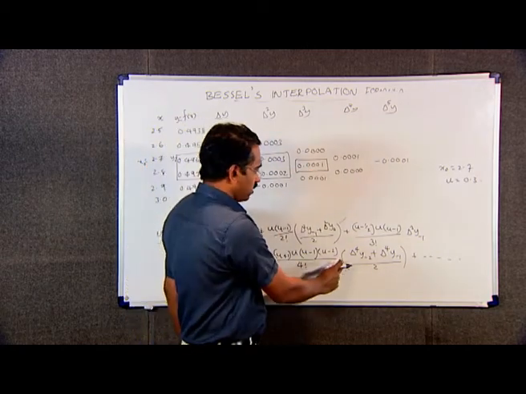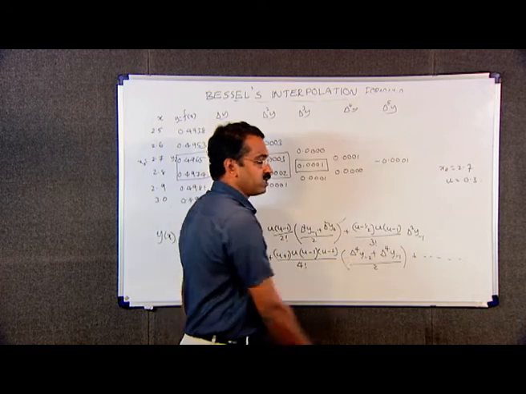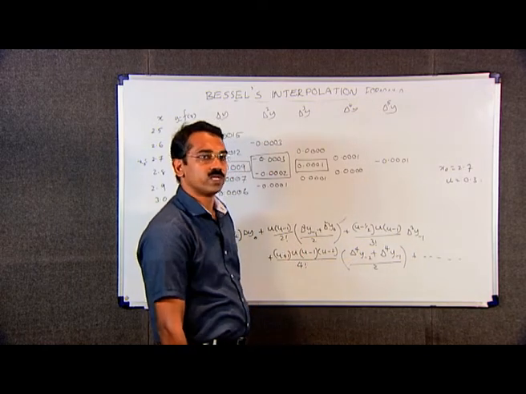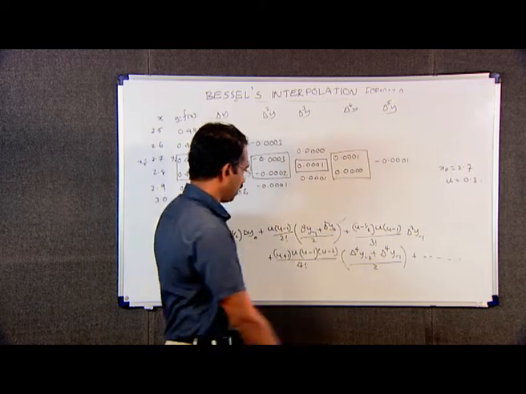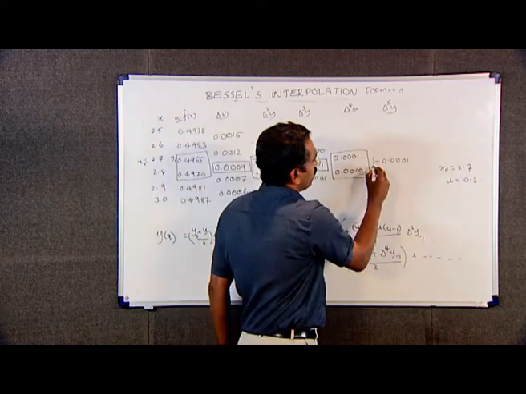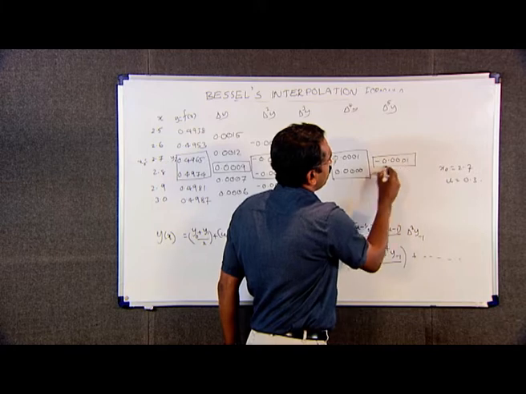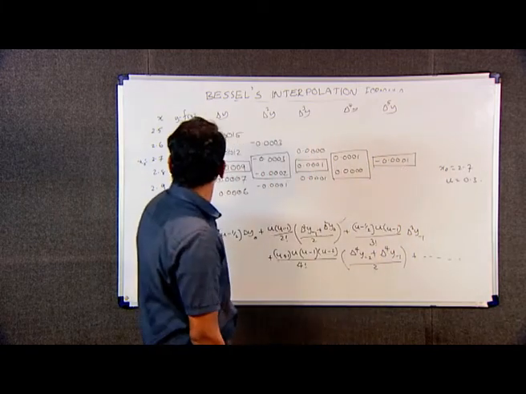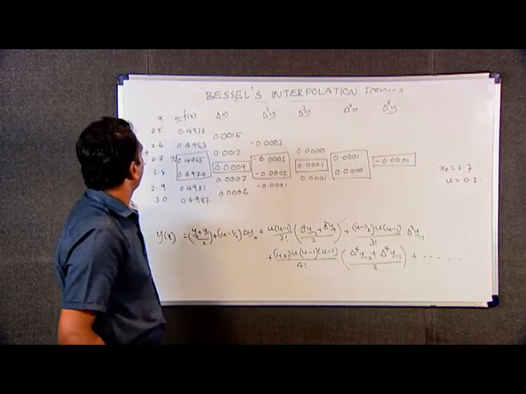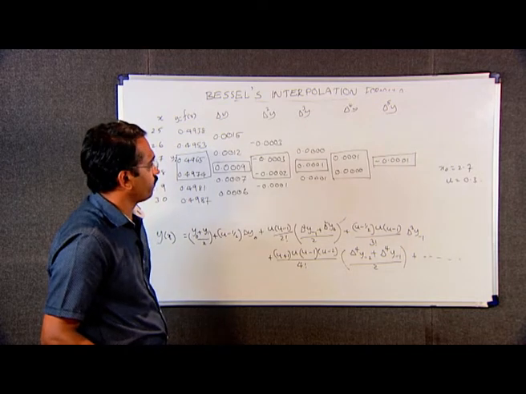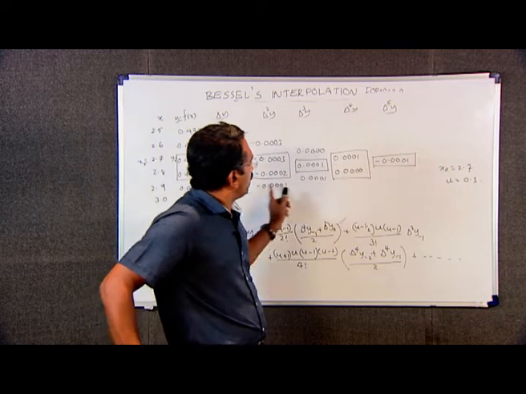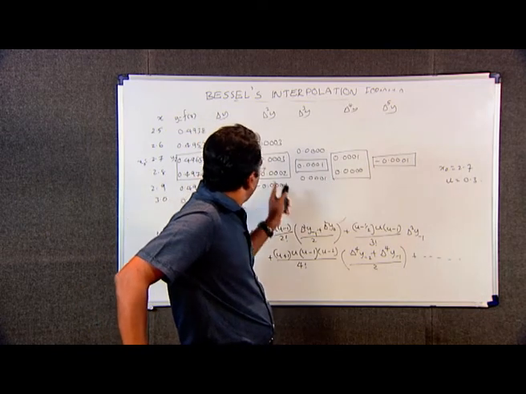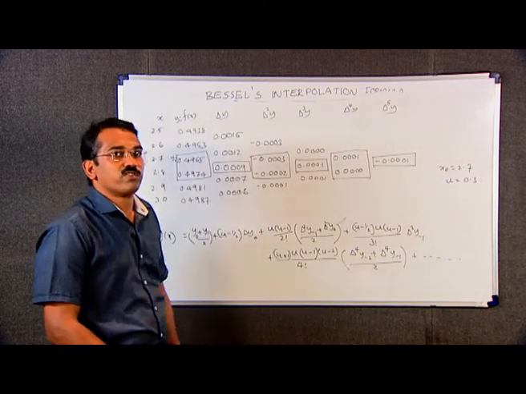In the next term, delta raised to 4 y minus 2 and delta raised to 4 y minus 1, these two values. And in the next term, delta raised to 5 y minus 2. These values will go into this formula.